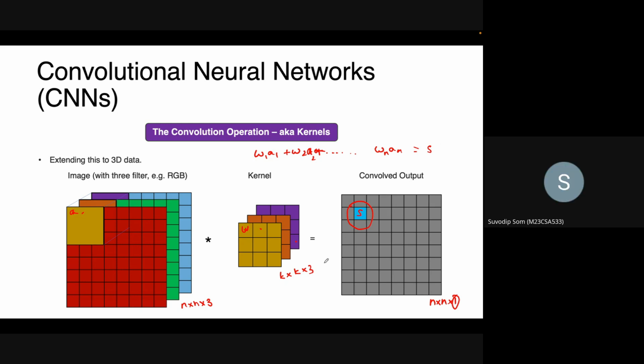So for single channels, it should be single outputs. No, I mean for the first. You mean a single channel here? No, no. So that's what I'm trying to say, right? When you have a three-dimensional input, you have a three-dimensional kernel. But if you want only this part of the kernel to be averaged out, you have to set these two to be zeros, for instance, right? But the math works out that way. You can't change the dimensionality of the kernel.